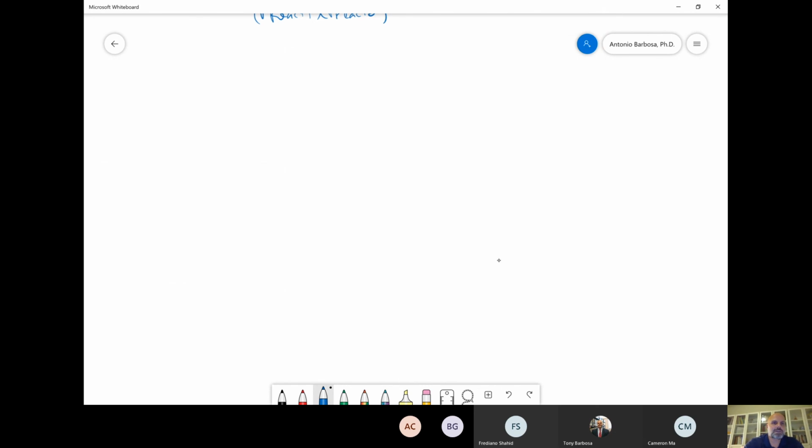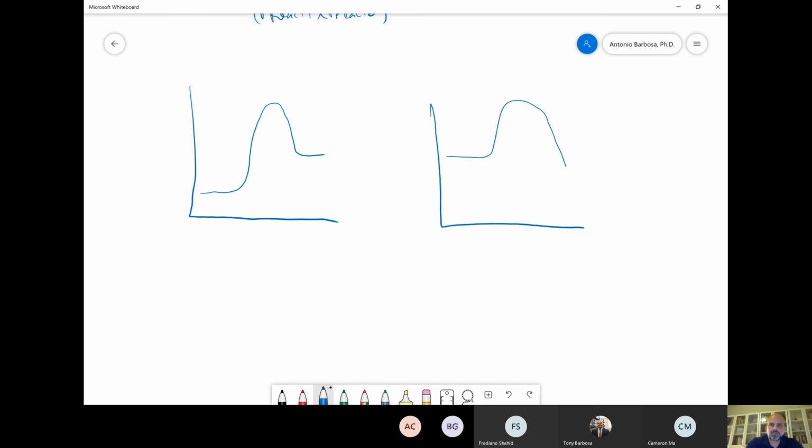All right, so if you have a reaction and you have two different reaction diagrams. In the first example, we have our activation energy, and we can see in this particular example our delta E is going to be a positive number.